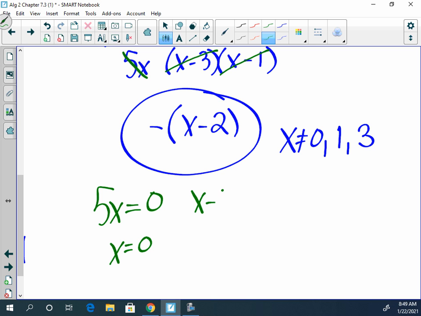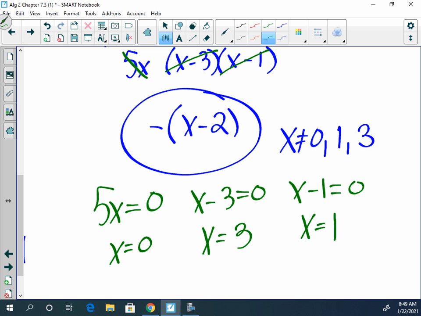We're seeing what does make x minus 3 equal to 0? And what makes x minus 1 equal 0? And that's kind of how we see those there. And those would be our restrictions. Questions on this here? You kind of got the hang of this here? Yes?